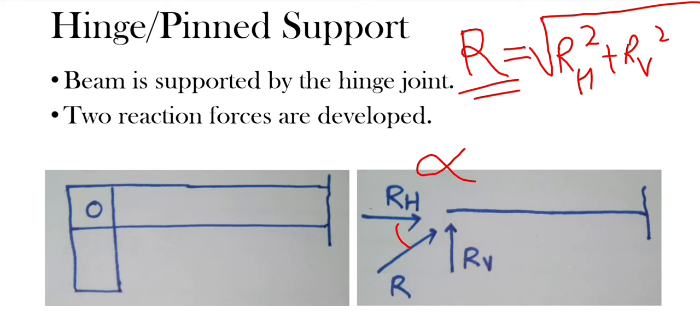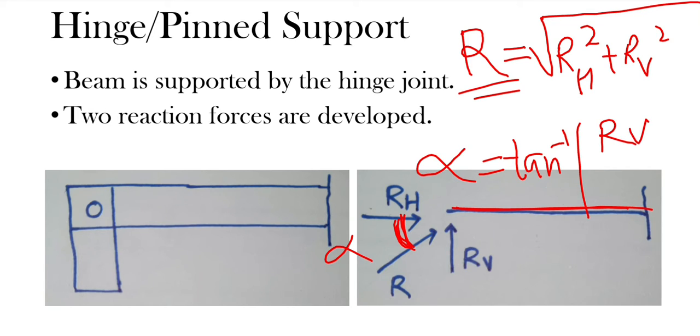Alpha is the angle with the horizontal x-axis, or the angle with the beam. If the beam is horizontal, then alpha is equal to tan inverse of RV upon RH. Okay. These are the two formulas which you will need to find the resultant R.